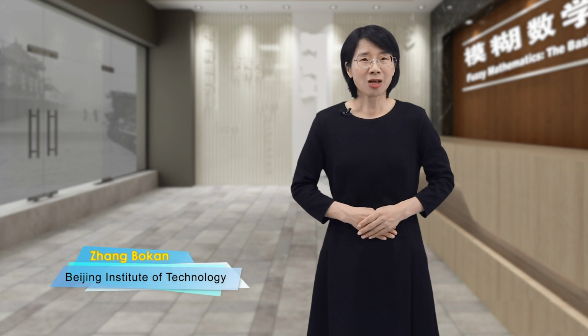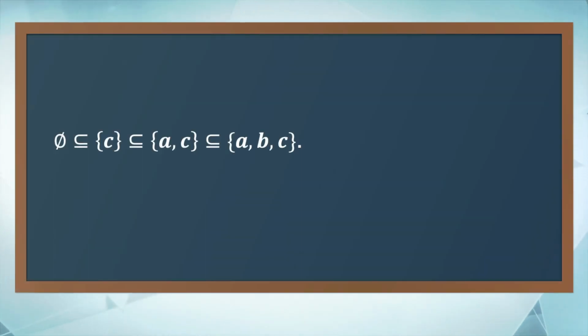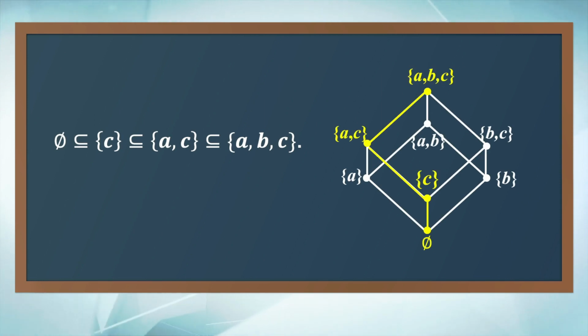Do you remember the definition of a chain? A chain is a subset of a poset, such that every 2 elements of the subset are comparable. So, every pair of elements in the same chain has both a supremum and an infimum. For example, the empty set is a subset of the singleton C, a subset of AC, a subset of ABC.